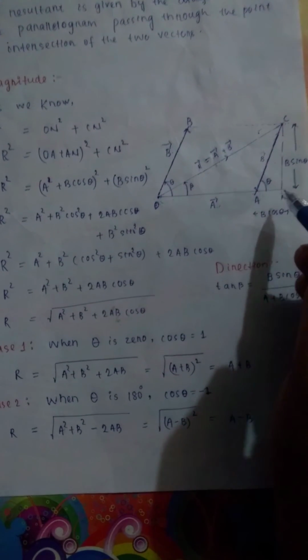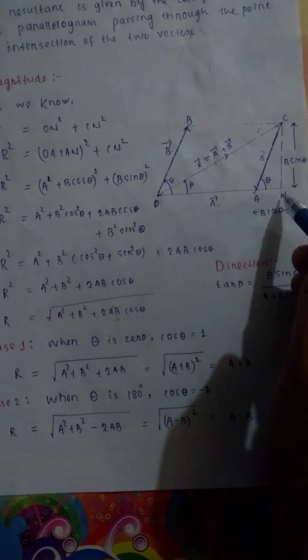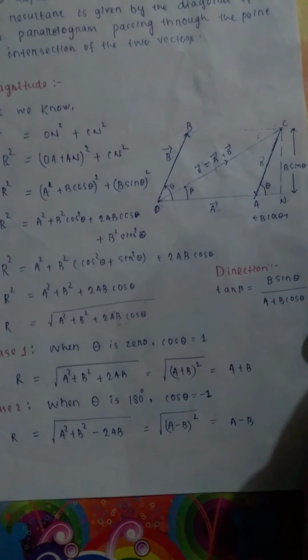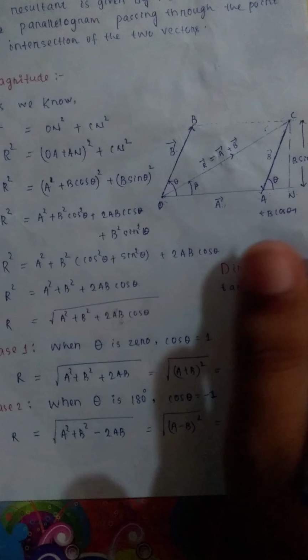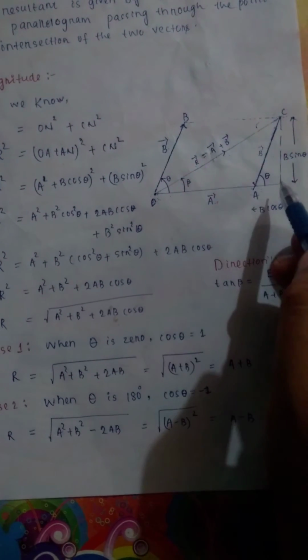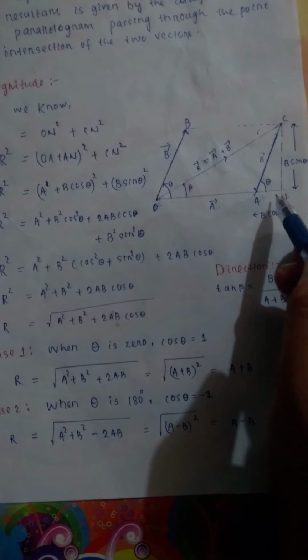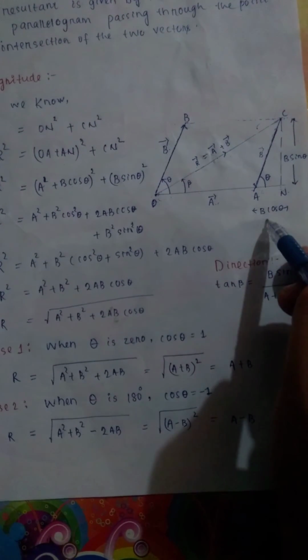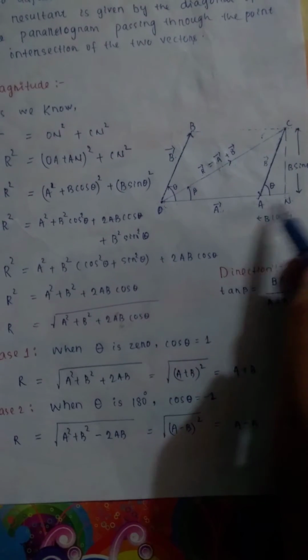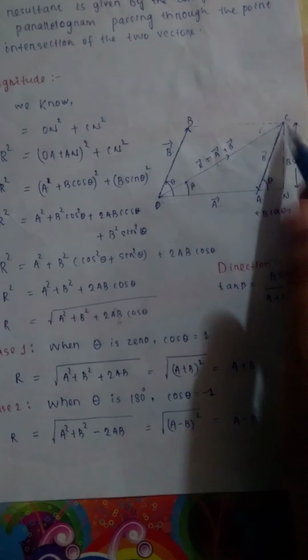If you do not know about the resolution of the vector B, please go back to my previous lecture where I have solved the triangle law. I have resolved and found out the AN and CN. AN is B cos theta, CN is B sin theta.